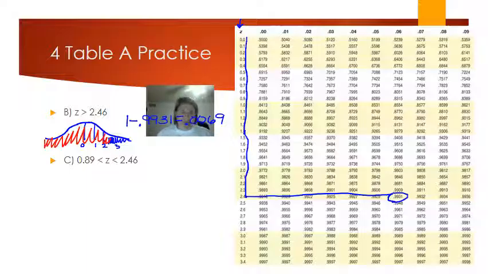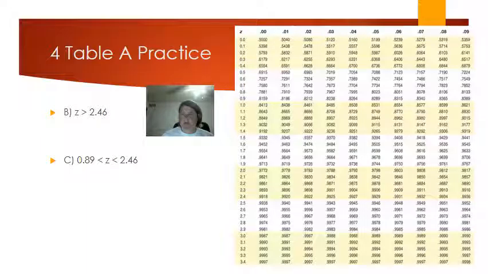All right, let's look at part C. Let me get rid of these markings. Maybe. There we go. Part C is an AND statement. So we've got both of these at the same time. Because this is a z-score, we know that the mean is 0.